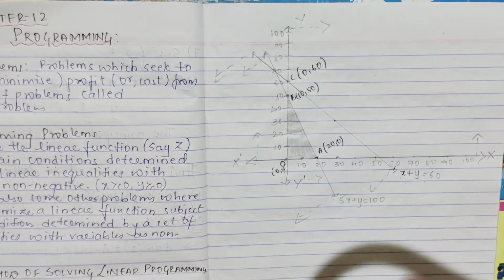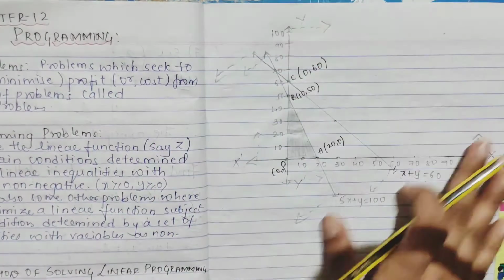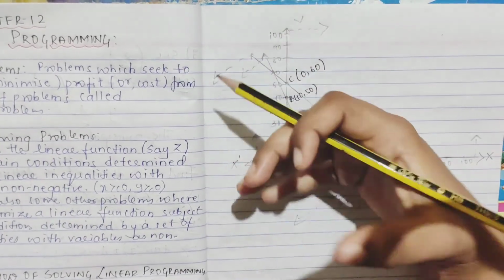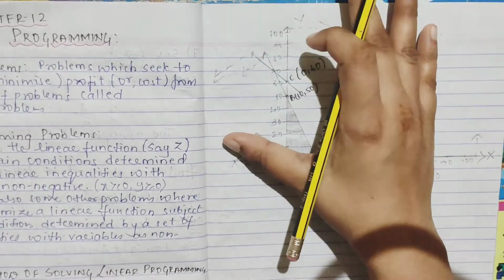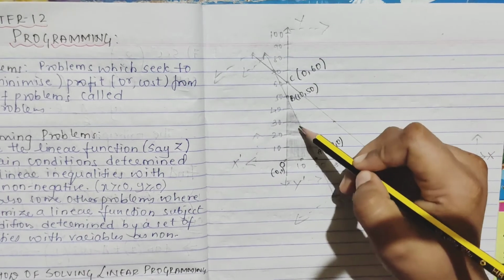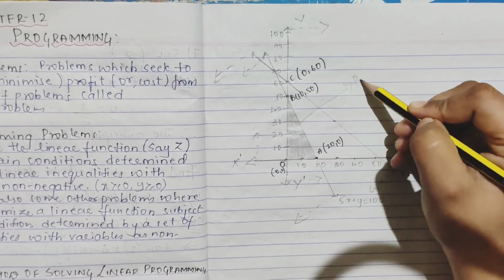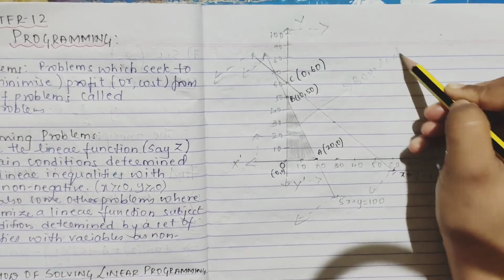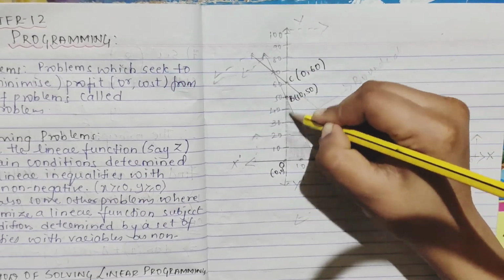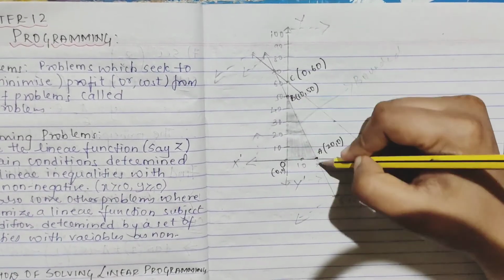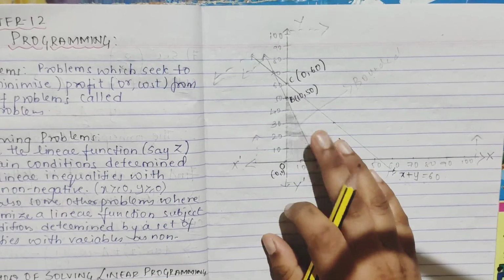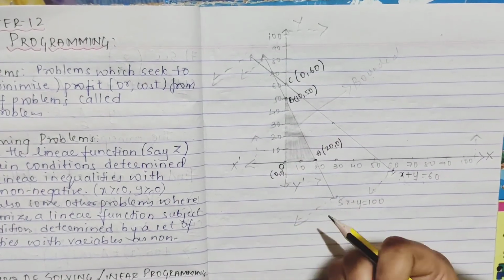Linear programming is just this. You have to do it graphically, and find out which is the feasible solution and which is the feasible region. And here this feasible region is also bounded. Why am I saying that? See, here it is bound by some lines here, here, here. Some condition is given, so it is called bounded. In some graphical methods it won't be bounded.